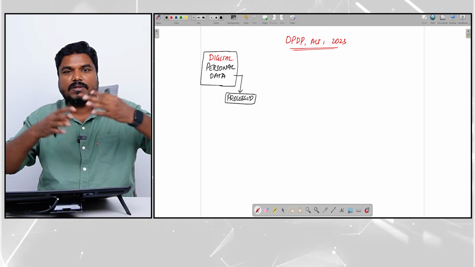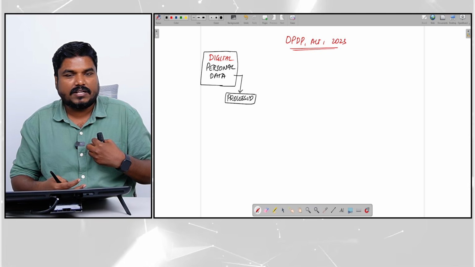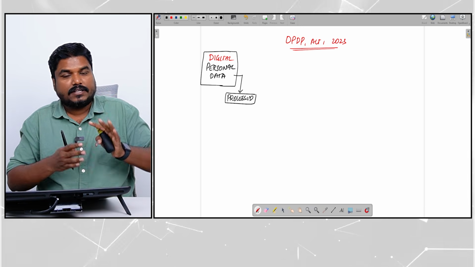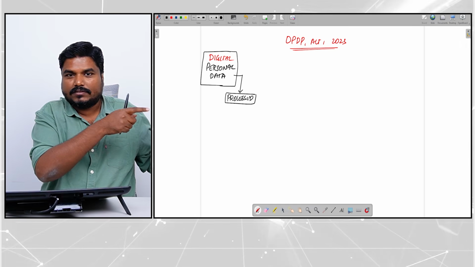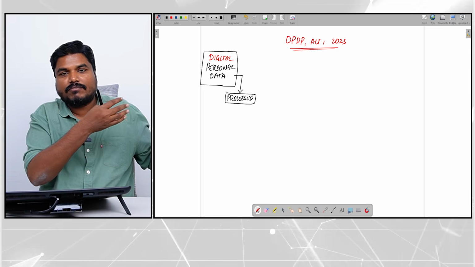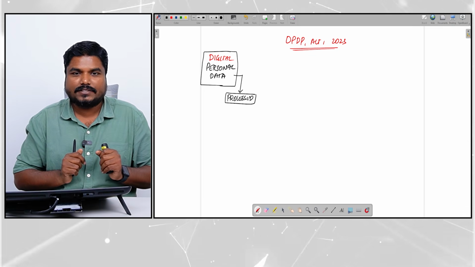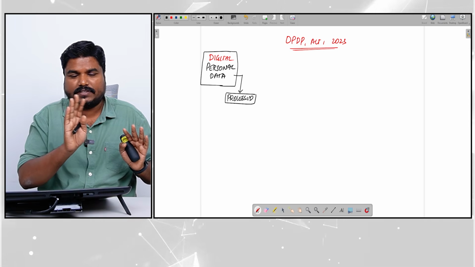My data is with so many people. Swiggy has my data, Airtel has my data, IOB Bank has my data, my college has my data. If all this data is taken outside India for processing, then that processing should offer some goods and services to the personal data holders. Only then is processing allowed outside India, or else processing is not allowed.